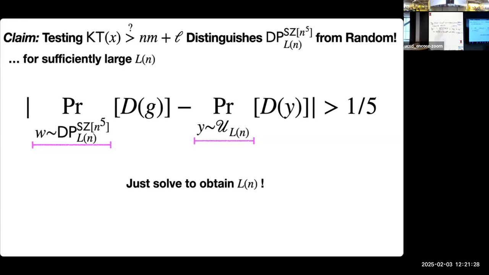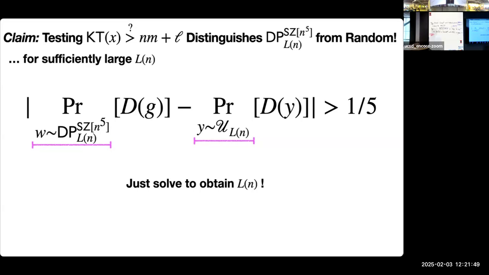So one might hope, I might hope, that you could take exactly the proof that we just went through and obtain the following.